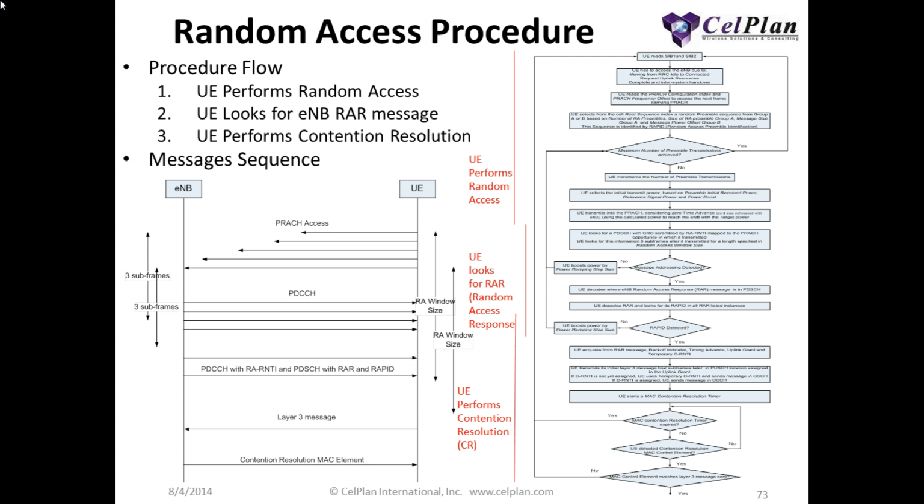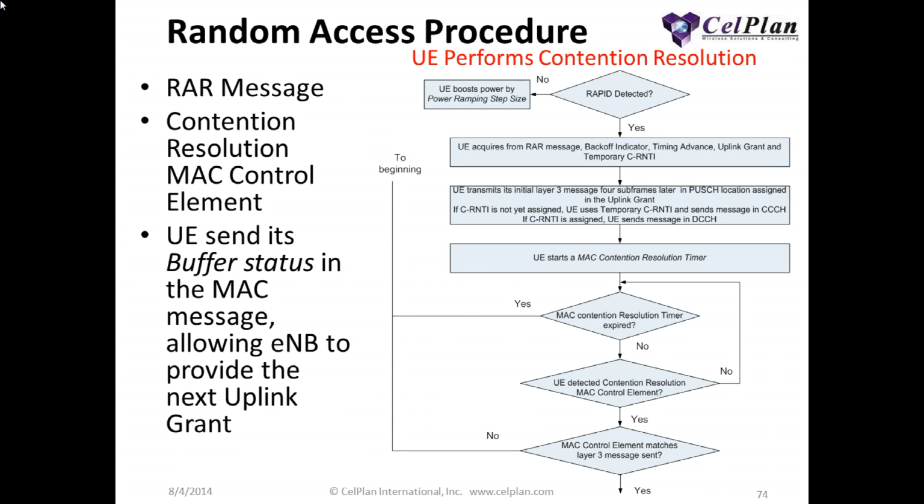And this is this last stage here. So how does it perform contention resolution? Well, did it detect RAPID? No. Power boost, go back. Yes. Okay. So it got now from the RAR message a back-off indicator, a timing advance, an uplink grant, and a temporary C-RNTI.